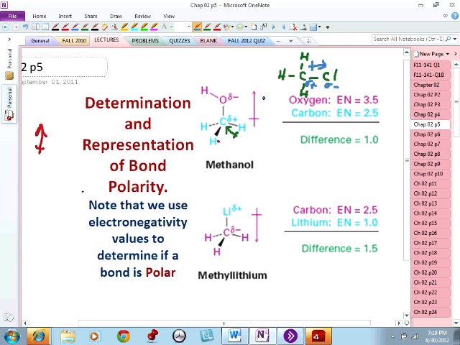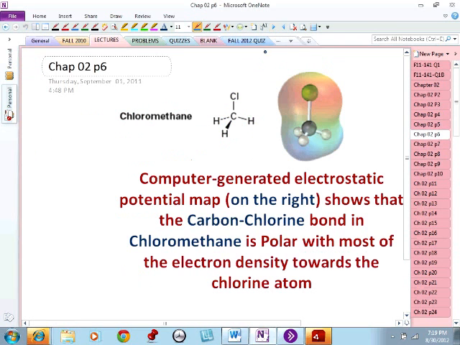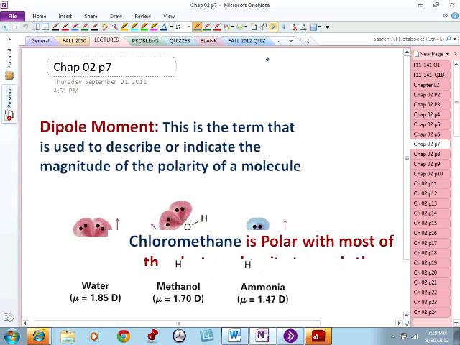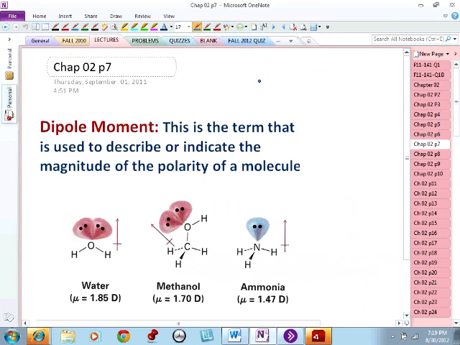That could also be applied to a given molecule itself, in which you have uneven distribution of electrons within the whole molecule. And we could actually measure that by another concept we refer to as dipole moment.